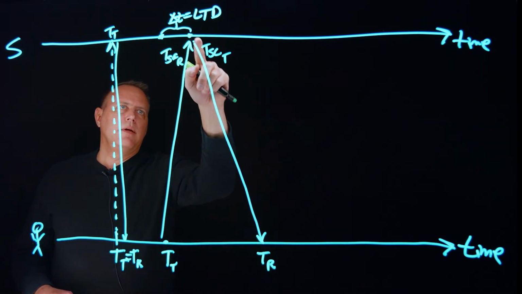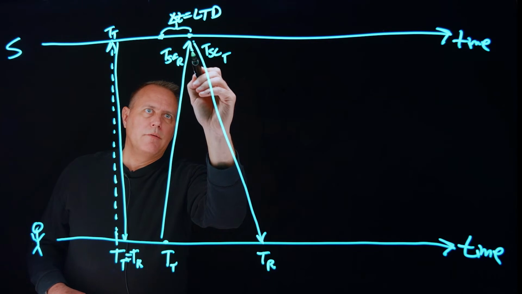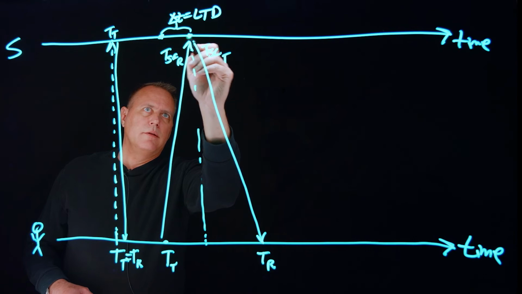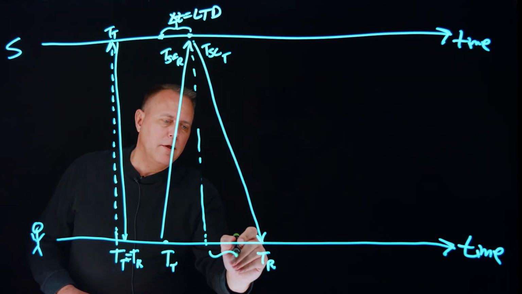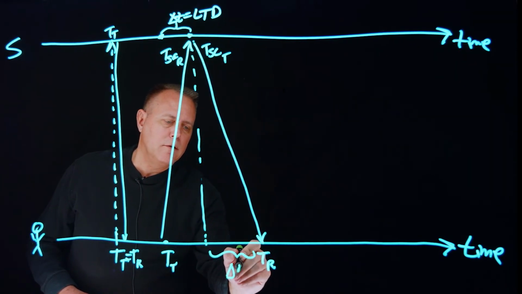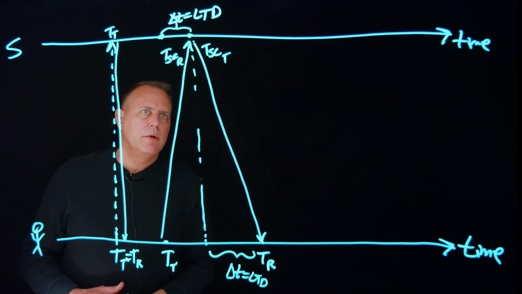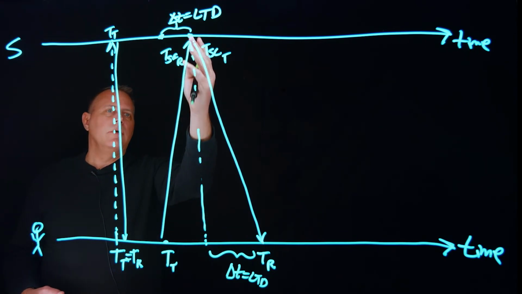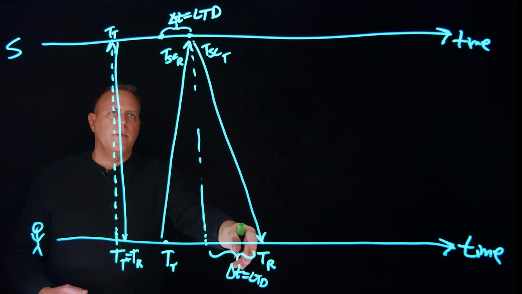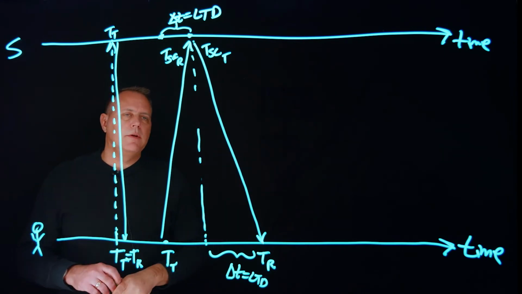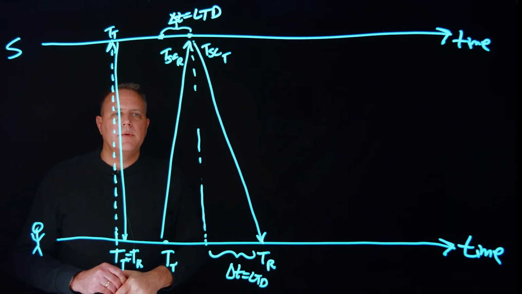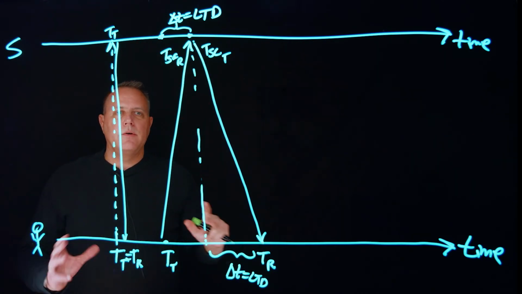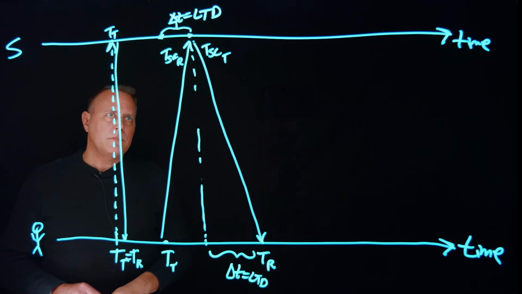So this is the light time delay here, and if I think of this as the instantaneous position of the spacecraft at this time, this is another delta T, or another light time delay. So the light time delay is actually affecting us twice, once on the way up and once on the way down. And remember that both of us are moving in inertial space. It's important to model this because the spacecraft is moving in inertial space, and I'm moving in inertial space because I'm on the Earth and the Earth is rotating.